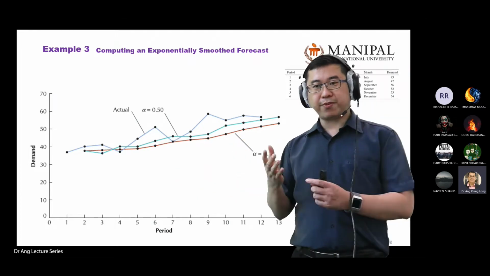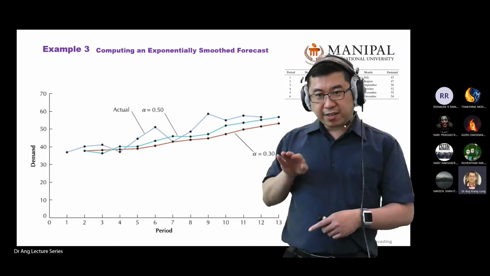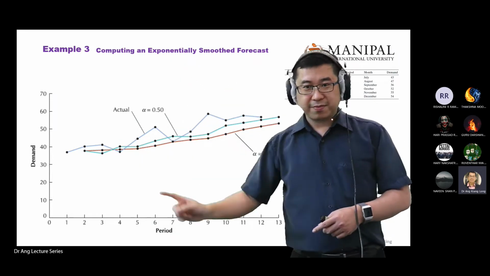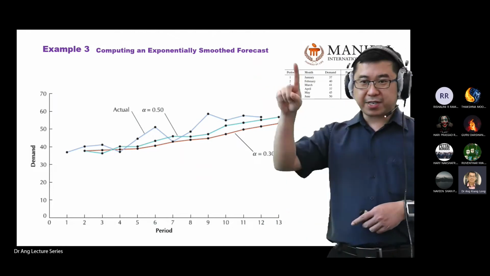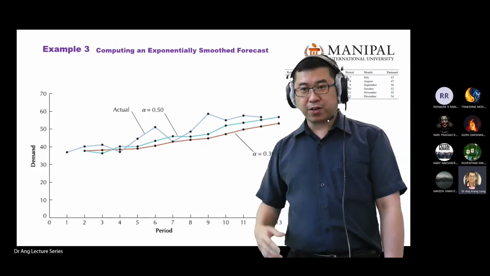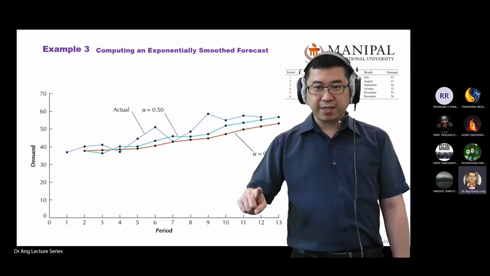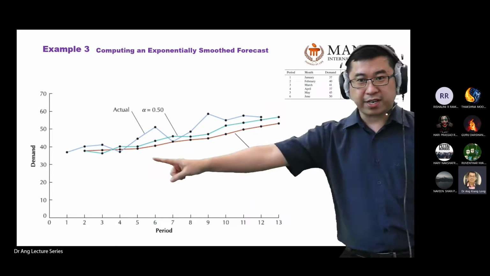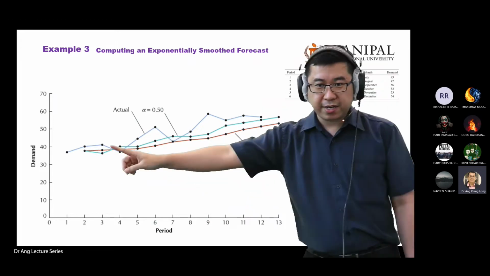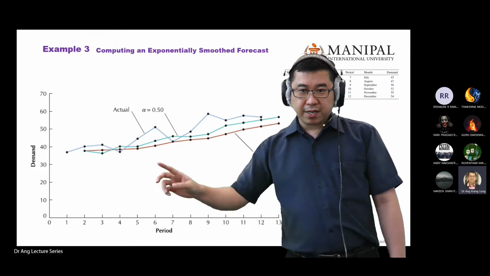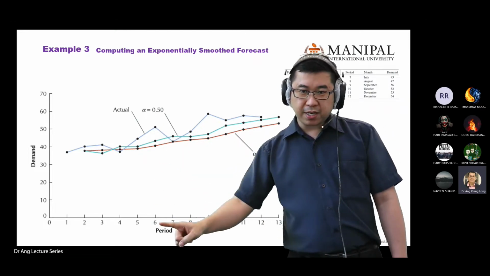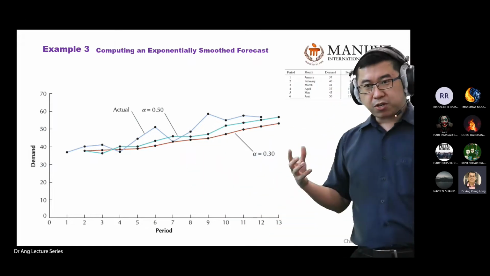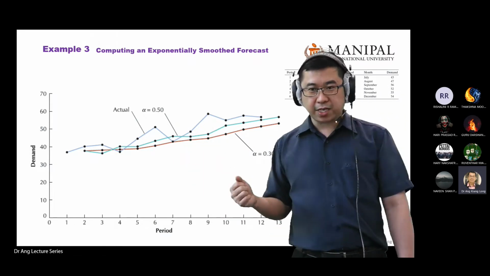You still remember we have behaviors: trend, moving up or down; cycle; and periodic or seasonal patterns, peak, flat, peak, flat. This is trend. And these two peaks, if you only have two peaks like this, it is considered a random activity.